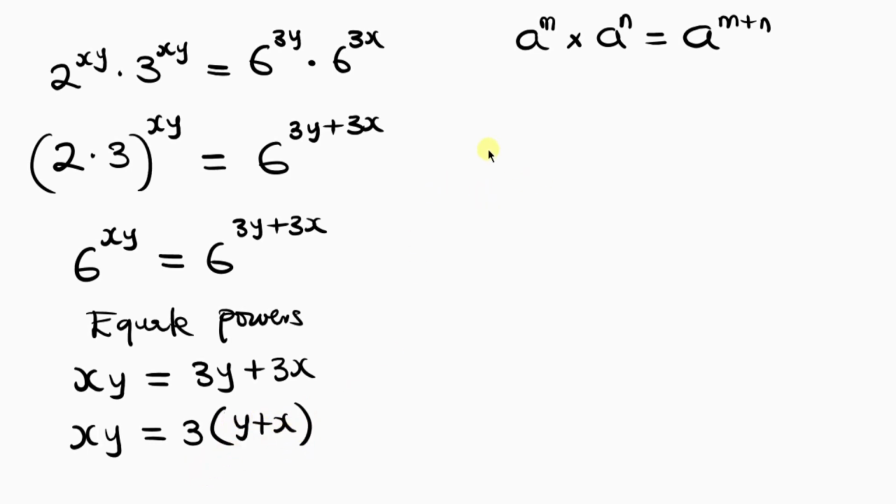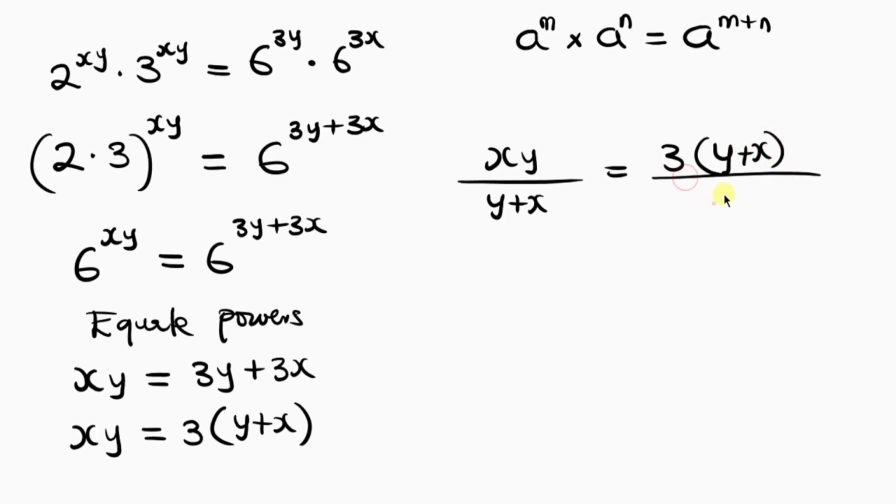So let's do that. So xy, I'll be dividing it by y plus x, equal to 3 times y plus x actually. This is y plus x, I'm going to be dividing it by y plus x. Now notice something, that y plus x here will go, leaving behind 3, equal to xy all over y plus x.